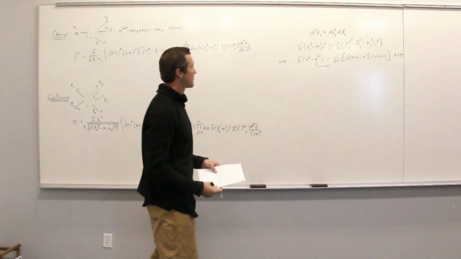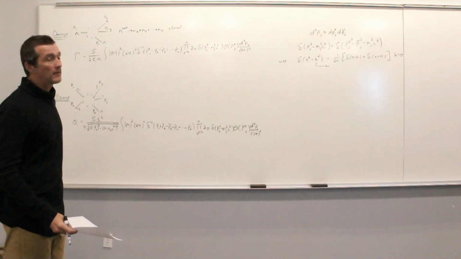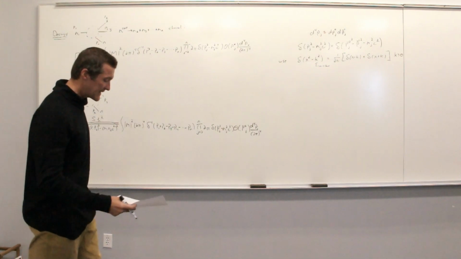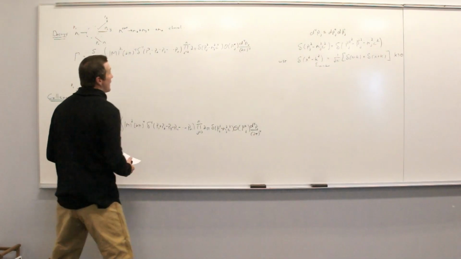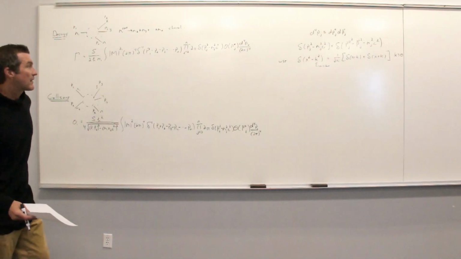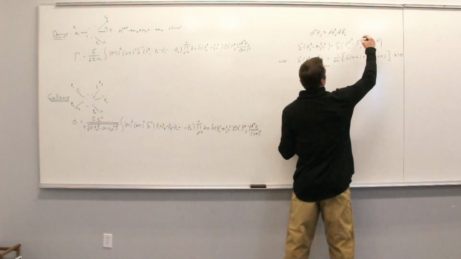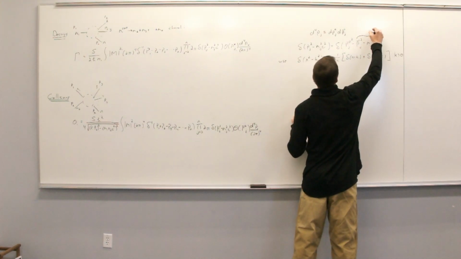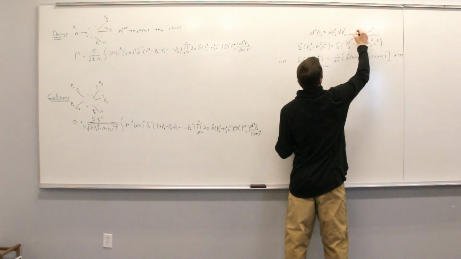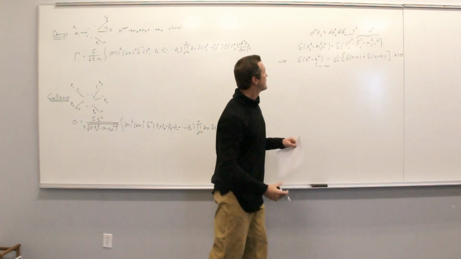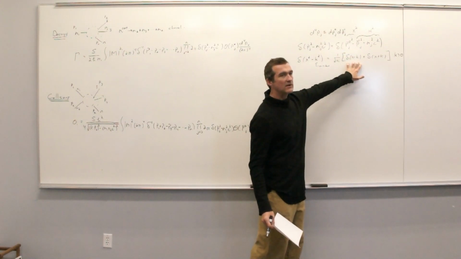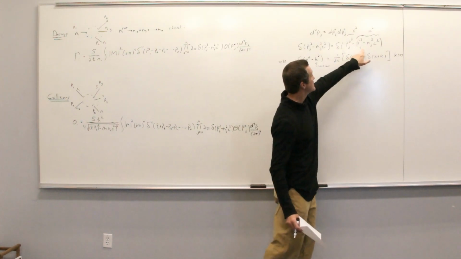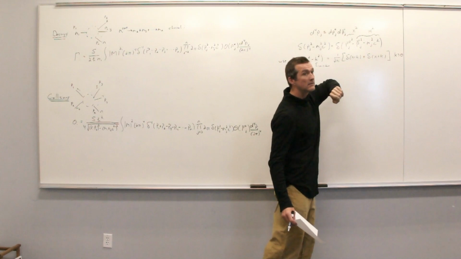This is just an identity satisfied by the Dirac delta function. But if we think about it, if I call this thing k squared, and I call that x squared, then I can turn this expression into delta functions over linear terms. Of course, I have to divide by 2k, which is going to be the square root of this thing.